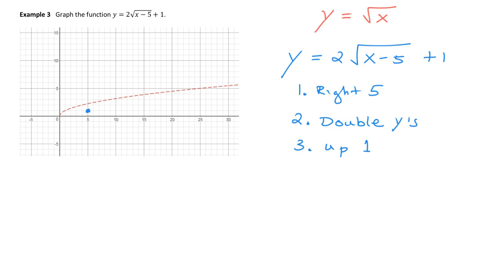All right, let's do the same thing now for (4, 2). If I go right 5, that's going to go over to (9, 2). If I double the y value, that's going to go to (9, 4). And if I go up 1 place, that's going to go to (9, 5).